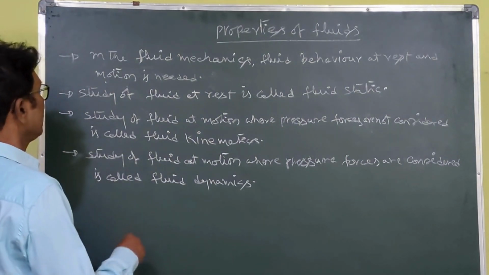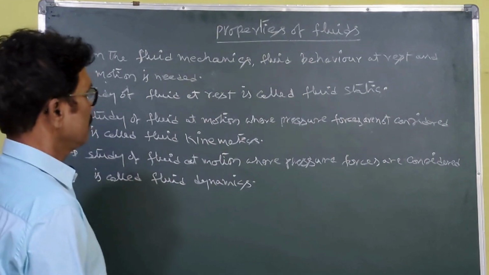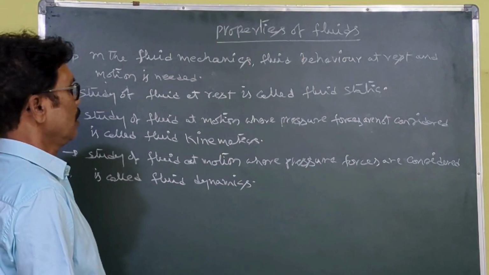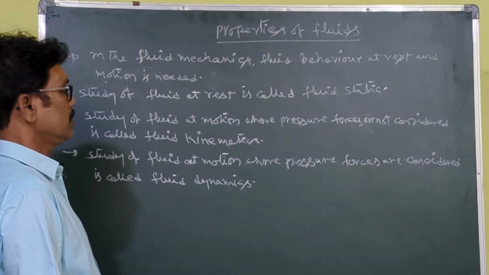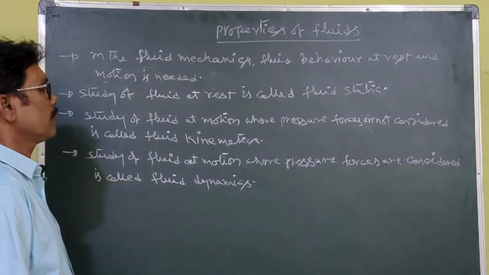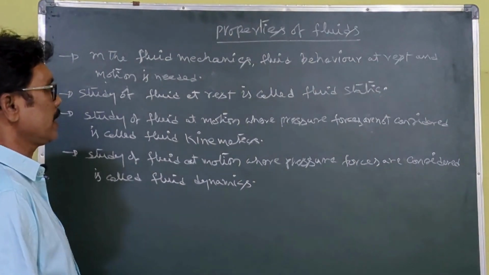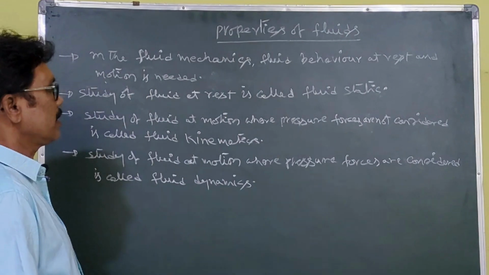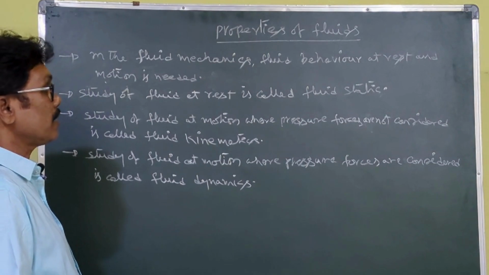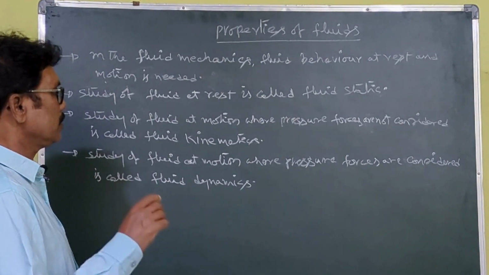Then, the study of the fluid at rest is called fluid statics. Suppose you take a water tank. The water tank is generally constructed on top of buildings, and the tank is filled with water. That is a static condition. Static condition means the tank is at rest and filled with water, so that water exerts pressure on the tank walls as well as in the downward direction.